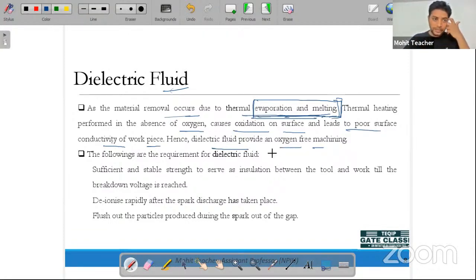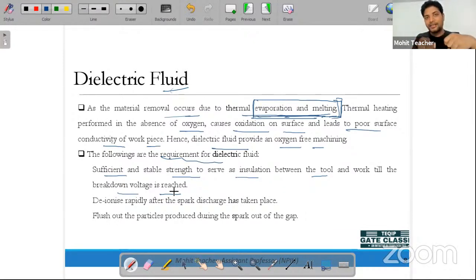Okay, it's clear. Apart from this, there are further requirements. The fluid should have sufficient and stable strength to serve as an insulation between the tool and the workpiece till the breakdown voltage is reached. Before the breakdown a spark is generated, so we need uniformity for that.